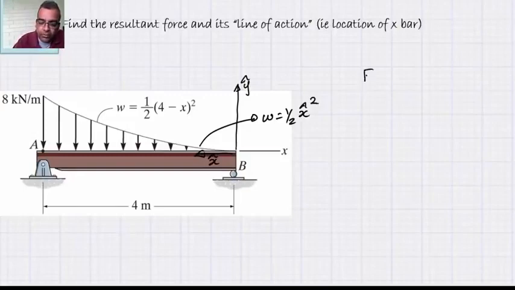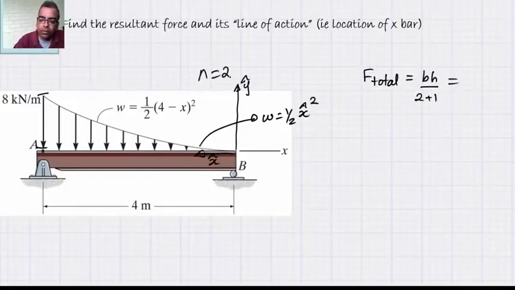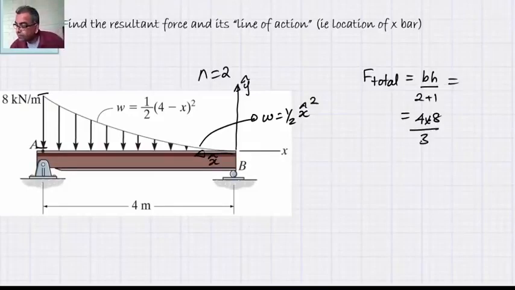So F total equals, the height is 8, so h over 2 plus 1, because n equals 2, which is, let's see, 4 times 8 divided by 3.